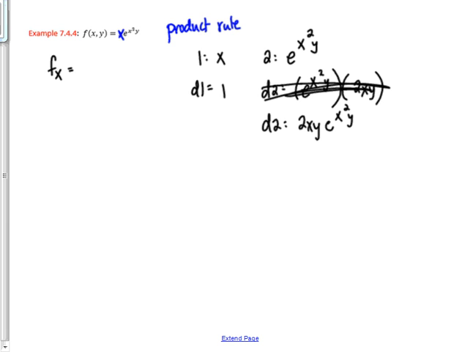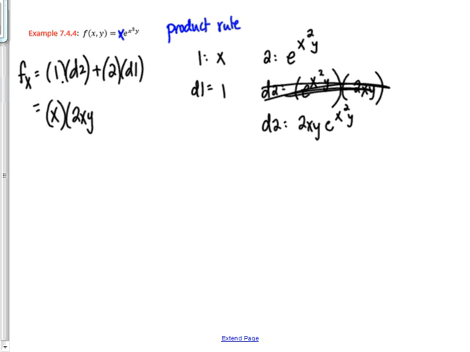Okay, so if I filled in fx, I have to use a product rule. It's 1 d2 plus 2 d1. So if we plugged it in, 1 is x, d2 is 2xy e to the x squared y, plus 2, which is e to the x squared y, d1, which is 1.